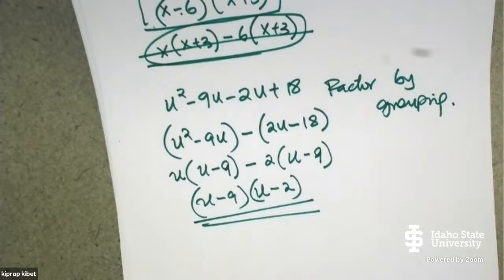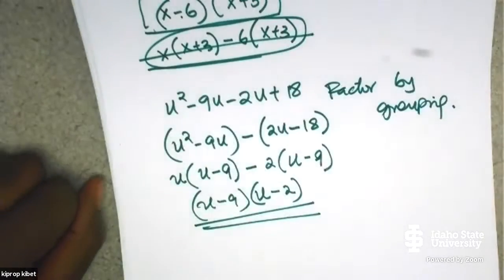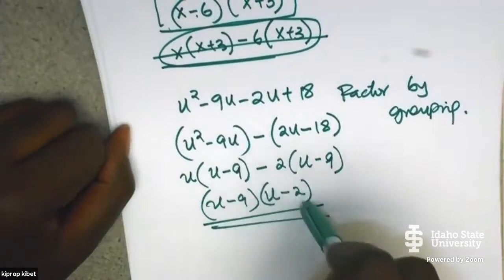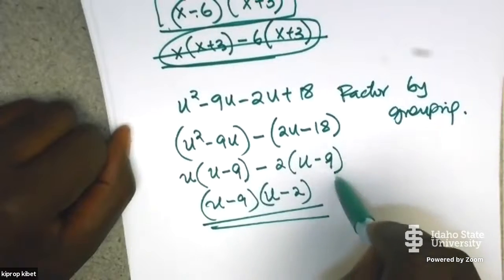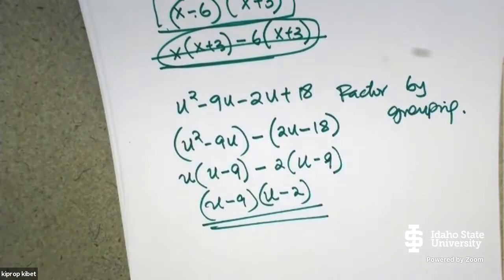So do not confuse, because if you don't consider that, then you might not get the grouping. These examples will lead us to quadratic equations, whereby we need to put the equal sign there and then get the values of u.